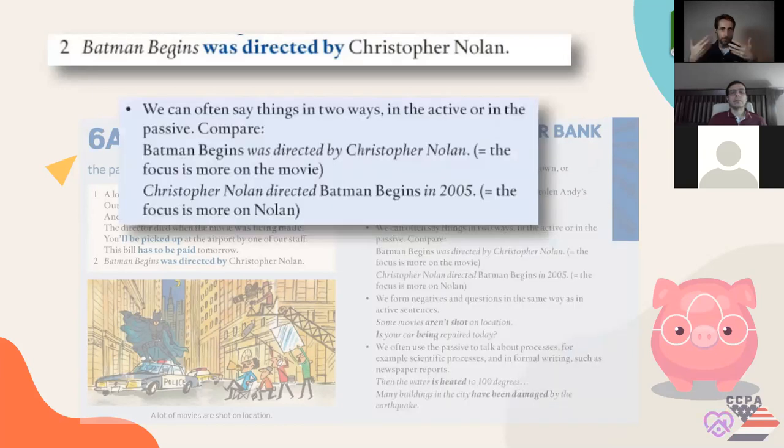This is an option. You can choose to present it this way or the other one. Here they contrast the two versions. In the passive voice, Batman Begins was directed by Christopher Nolan, or alternatively, Christopher Nolan directed Batman Begins in 2005.